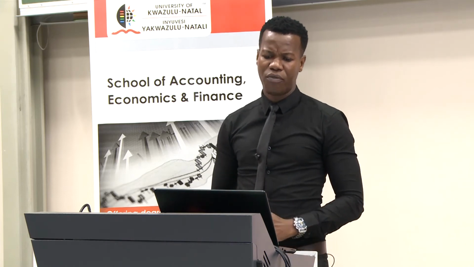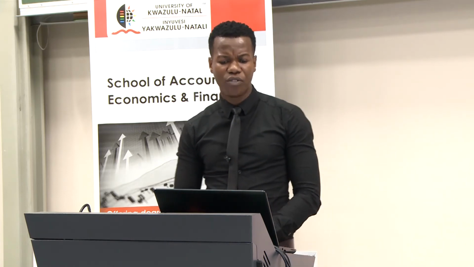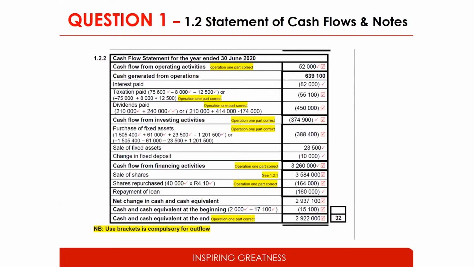Now, your starting point for your cash flow statement is your operating activities. These are the activities, how we have used cash in the business to operate this business. We are looking at physical cash that has been paid and that has also been received by the business.